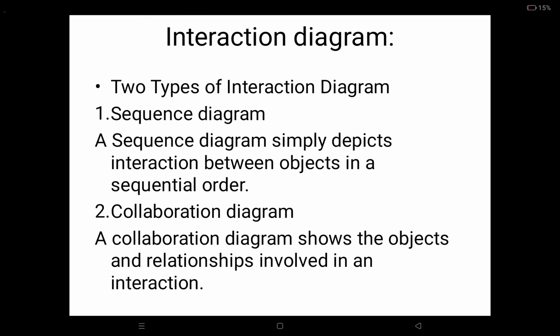This is called the fence format. The collaboration diagram uses the network or graph format. Here the objects can be placed anywhere. That is called the graph format. This is the difference between the sequence diagram and collaboration diagram.